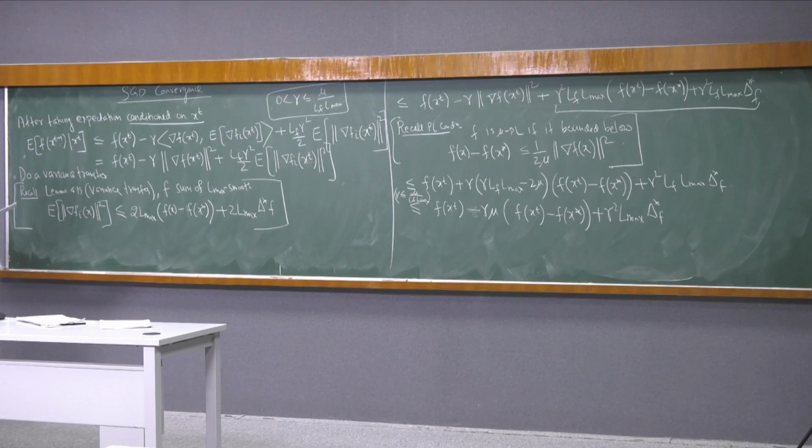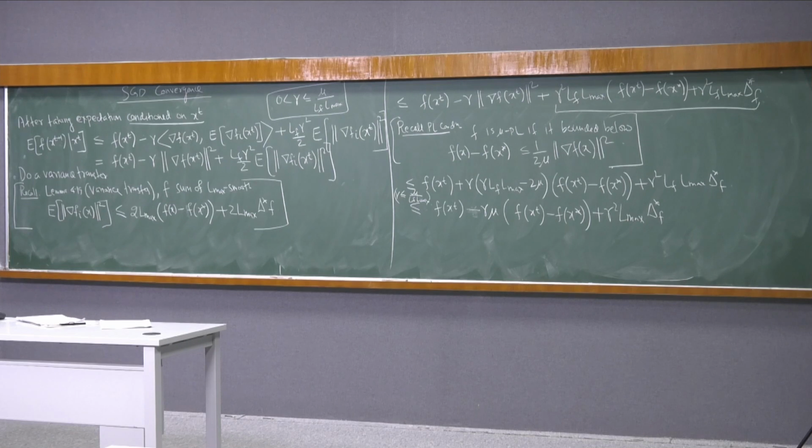So why is that, right? Mu gamma is also less than or equal to 1. I think at some point we have proved that mu is less than or equal to LF. So the mu of the PL that we have is less than or equal to the Lipschitz constant LF.